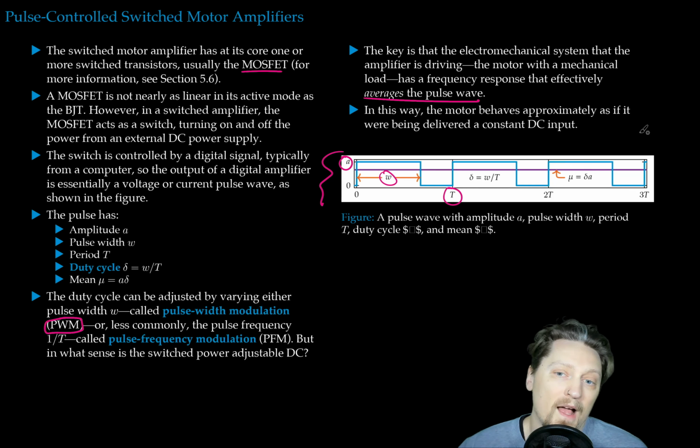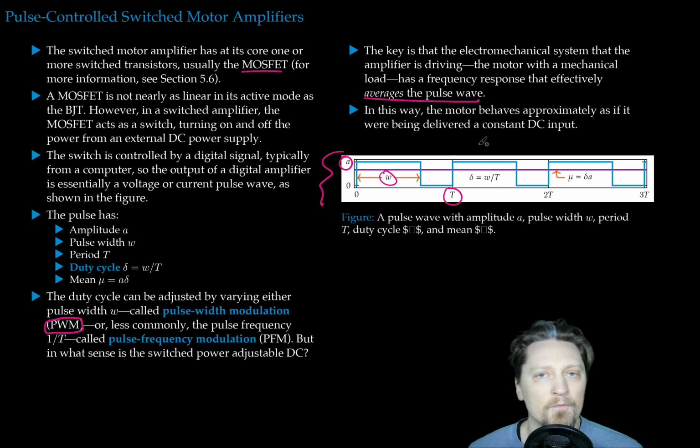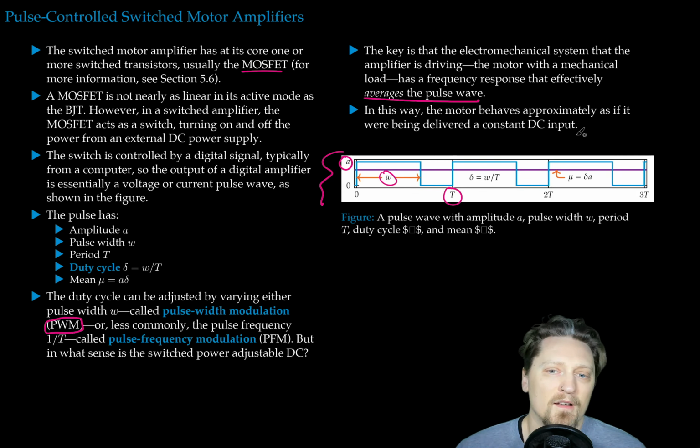So if we have that effect, we can just change the duty cycle, so the fraction W over T, and we can effectively vary the mean value that's applied. But we need to understand that a little bit better. Why is it that the average is what we get as an effect and not simply a bunch of pulses?